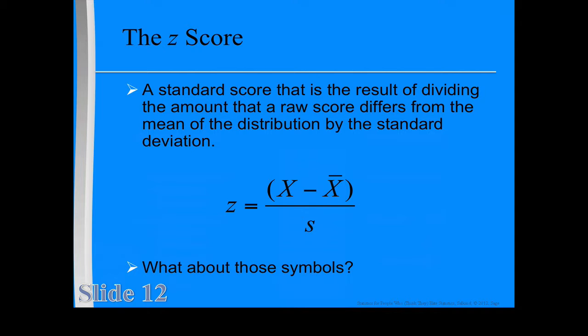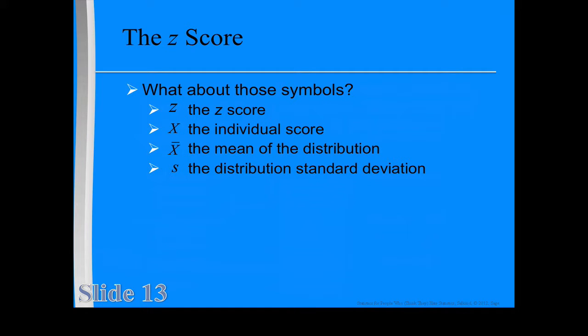Here's our formula for calculating the z-score. What are those symbols? Here's the legend for those symbols. Where x is the individual score or observation, and x-bar is the mean of the distribution, and the lowercase s is the symbol for standard deviation.